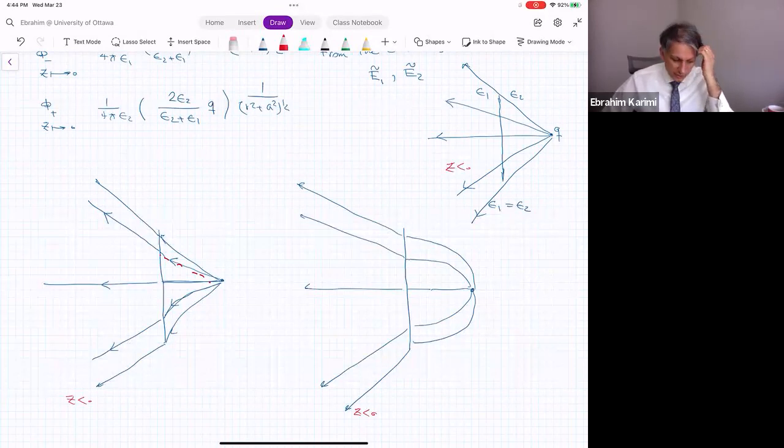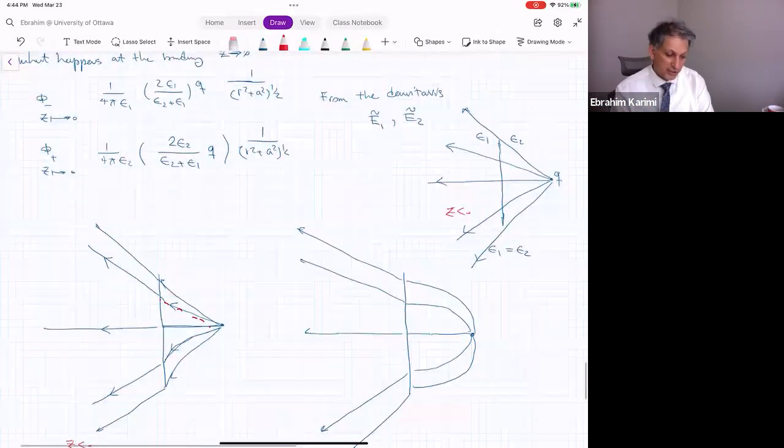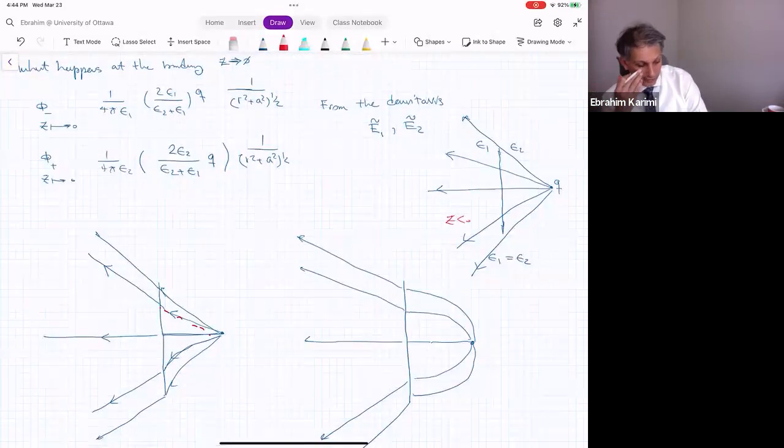Another scenario that we may consider is that epsilon1 tends to infinity. So it goes to be infinite, and that is for the conductive plane. If you assume that epsilon1 goes to infinity, then you can look at the expressions that you have for the electric field and see what is going on with the potential on the negative side and also on the positive side.